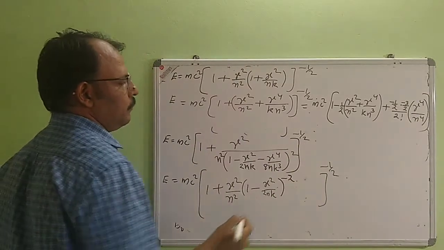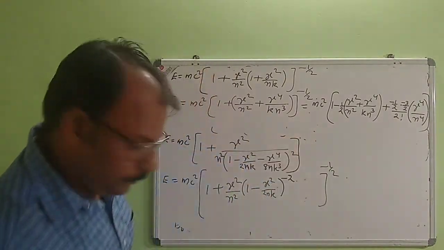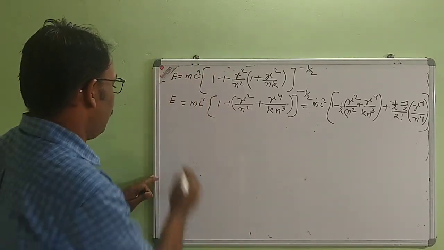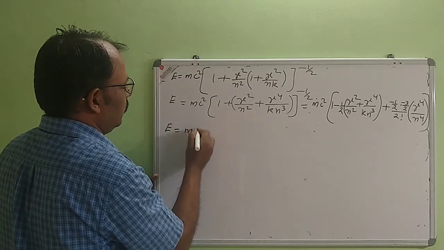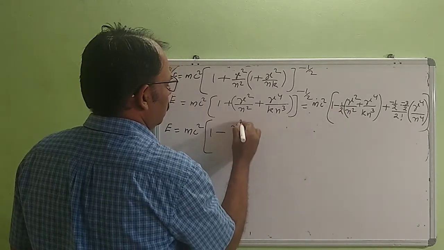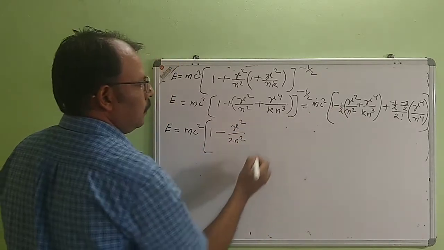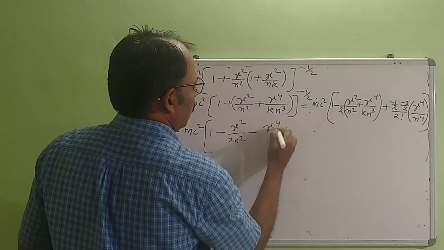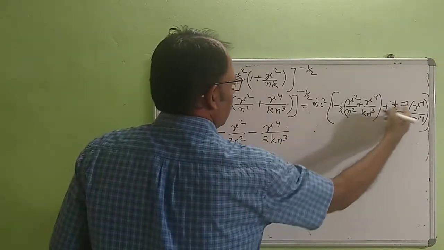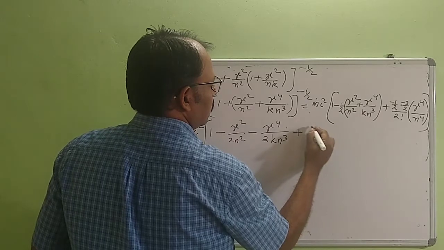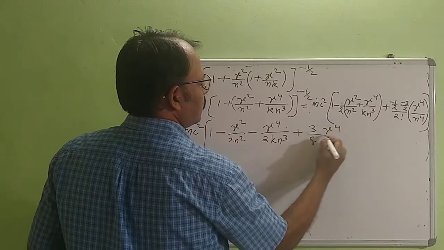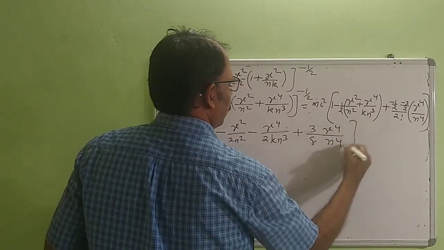So we are having, so this we can write it as E is equal to mc square into 1 minus gamma square by 2n square minus gamma raised to 4 by 2k n cube, then minus plus 3 by 2 into 2 into 2, 8, 3 by 8 gamma raised to 4 by n raised to 4.